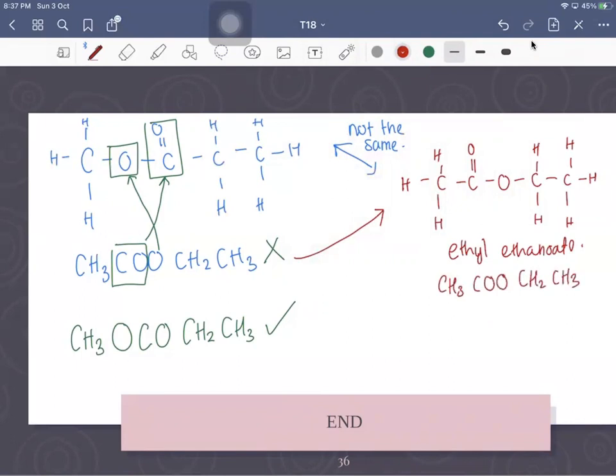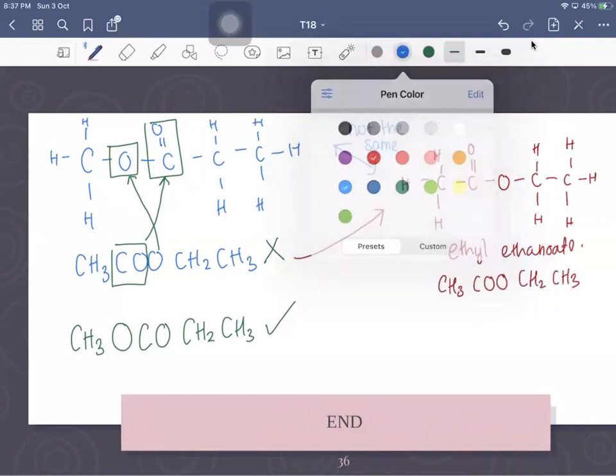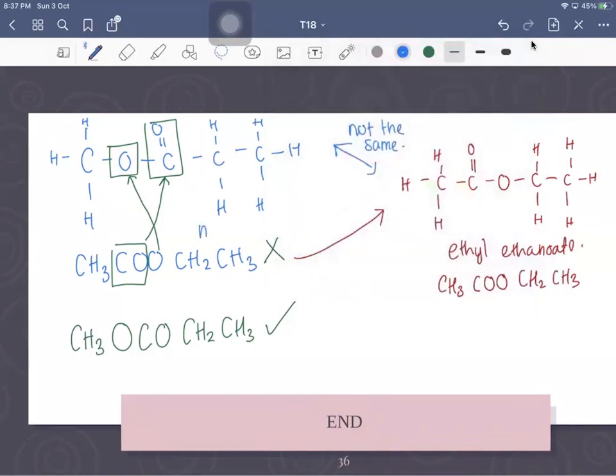Whereas the one in blue here is a methyl propanoate. So be careful there.